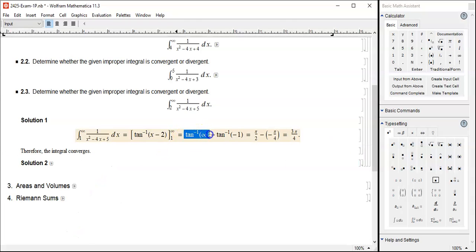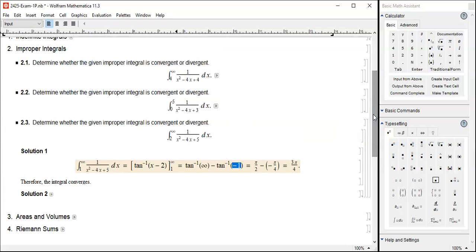So arctangent of infinity, that's pi over 2. Arctangent of negative 1, and use this Pythagorean triangle, and the arctangent is 1. That means the vertical over horizontal is 1, so we have an isosceles triangle. So it's 45 degrees. And then because this is negative 1, we need negative pi over 4. So eventually we end up with 3 pi over 4.